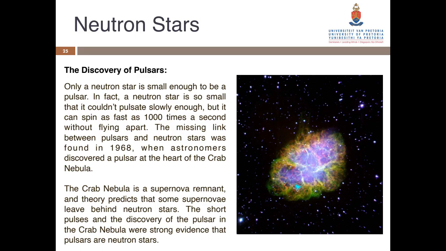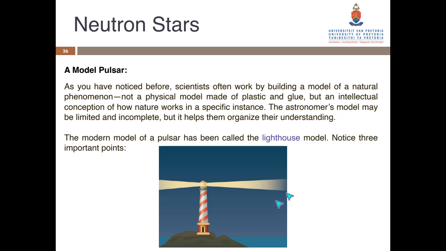So a cool place where a neutron star was discovered is in the center of the Crab Nebula. You can think about a pulsar, like I said, as a lighthouse that flashes energy across Earth.